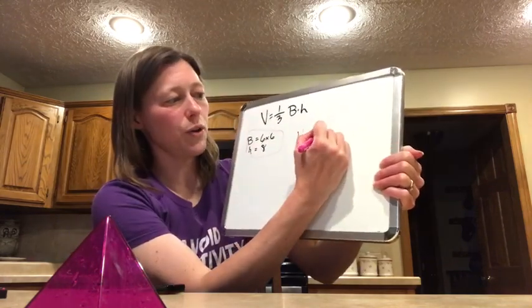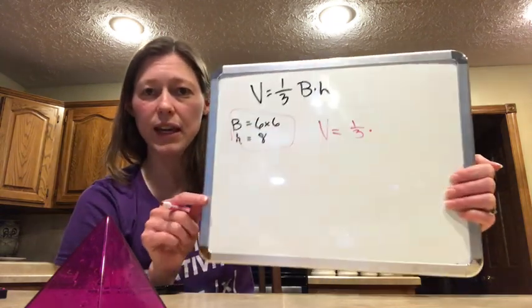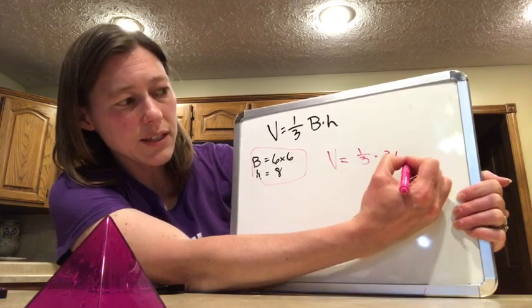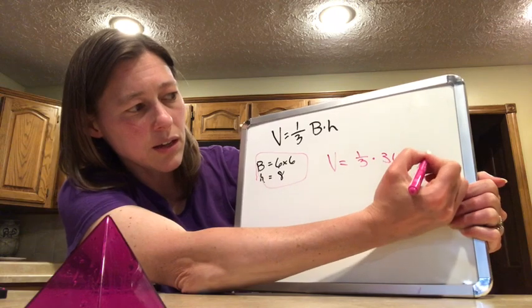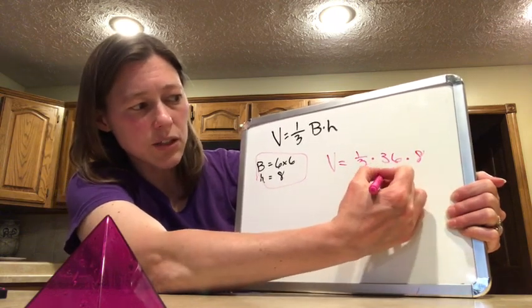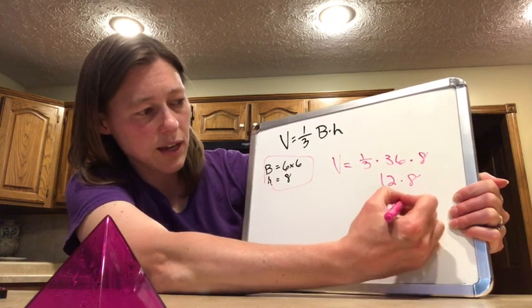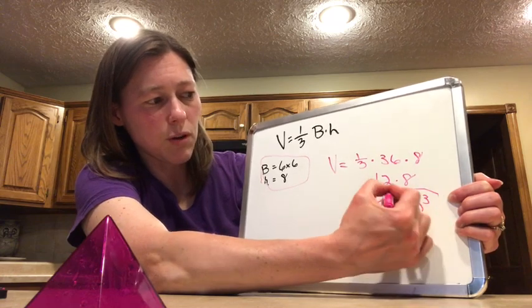It is 1/3 times the area of the base, and the base is 6 by 6. So 1/3 times 36 times the height, and the height is 8. So 1/3 of 36 is 12 times 8, which is 96. So 96 centimeters cubed. That's the volume of this pyramid.